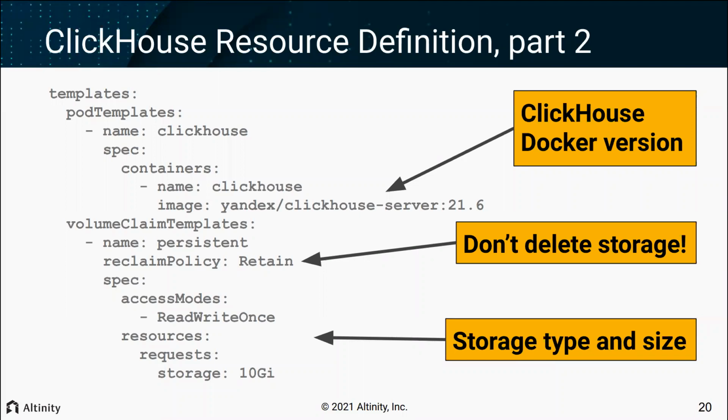It's just used by 1 pod. And then finally, a very useful property here called reclaim policy. And this just says, hey, if I delete the cluster, don't delete the underlying storage, because maybe I did it by accident and I'd really like to get it back. So this is useful to help protect your storage from fat fingers.